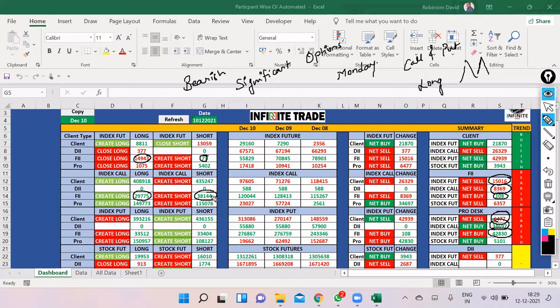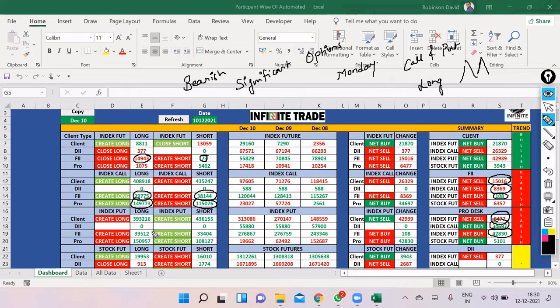Since it was just a Friday and a long weekend, they did not hold much of their positions. And if you look at put, 1,50,000 long and only 1,15,000 short. So this is for Pro. They have more long positions in put and in call, and shorts lesser than the long positions.